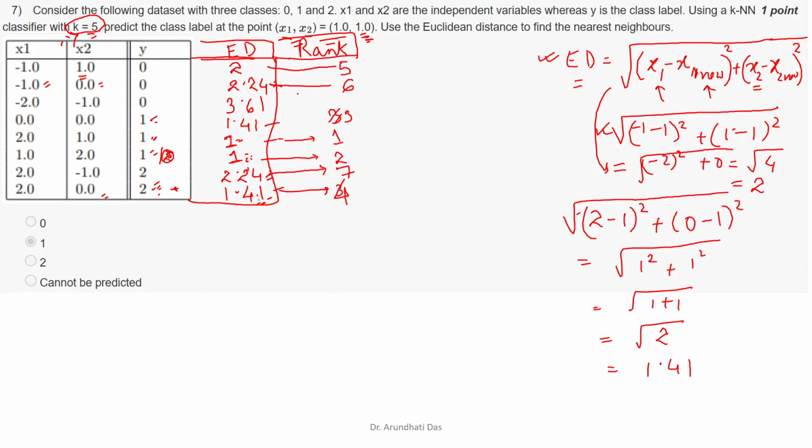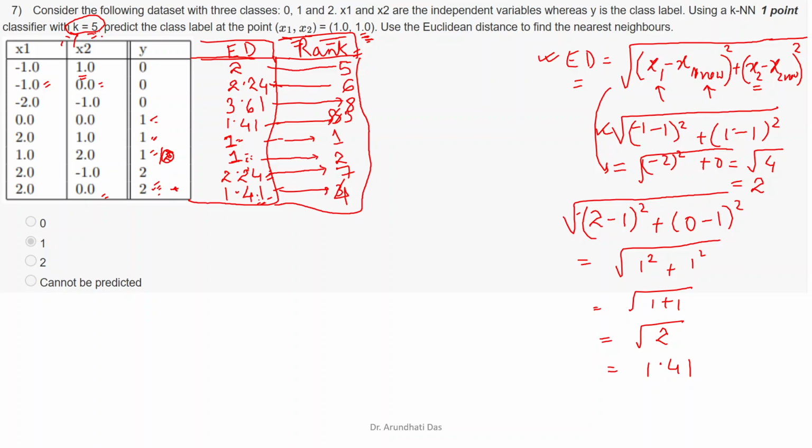Is there any more data point left? This one is 3, right? Yes, this one is left, 3.61. So this was the farthest data point. This is how we can add this attribute called rank or order, so that I can easily identify which data points are the nearest and which are the farthest.